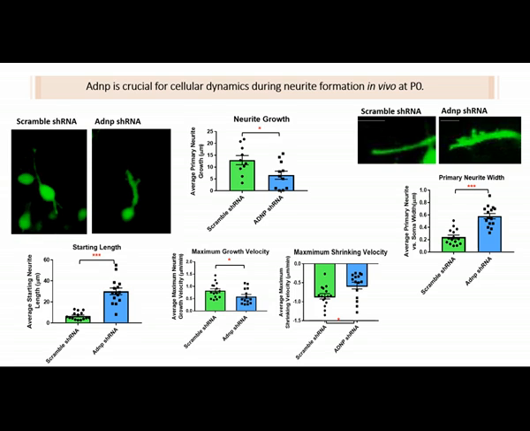We found that ADNP deficient neurons had the neurite, but were less active and stable in neurite dynamics. Also, we noticed that these neurites in ADNP deficient neurons are significantly thicker by measuring the width of the neurite. These data indicate that ADNP is a key player in neurite formation, both in neurite initiation and elongation. Also, our data suggest different functions in the axon, the apical dendrite, and the basal dendrites.